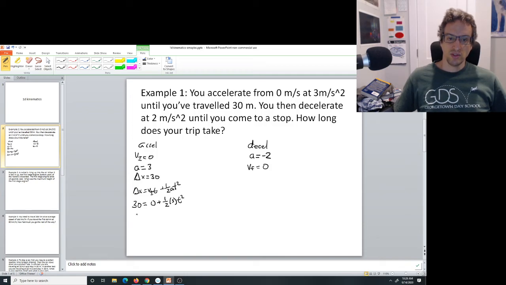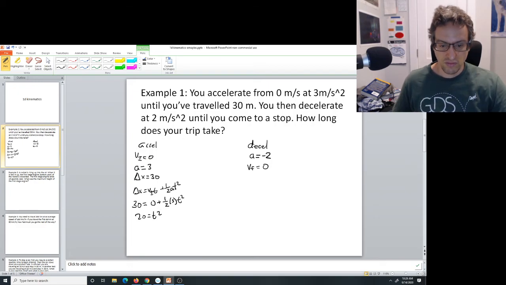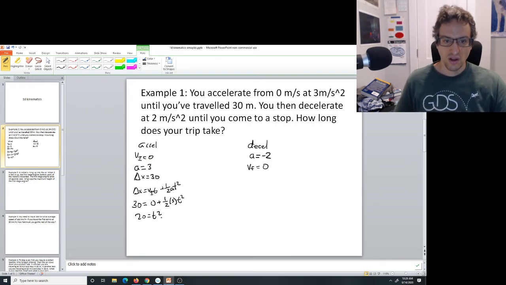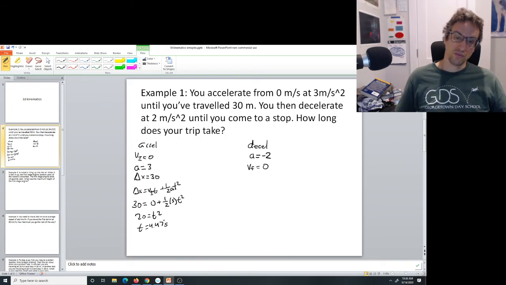This becomes 20 equals t squared, and the square root of 20 is 4.47 seconds. So that's the time for the first part.